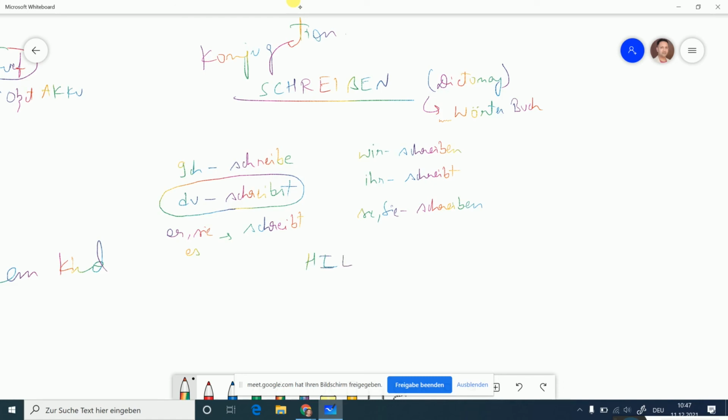With the last lesson, you need to break the word. You just need to remove the en. That is actually from the plural form. If it is ich, you need to add e. If it is du, you need to add st. If it is er, sie, es, you need to add just t.